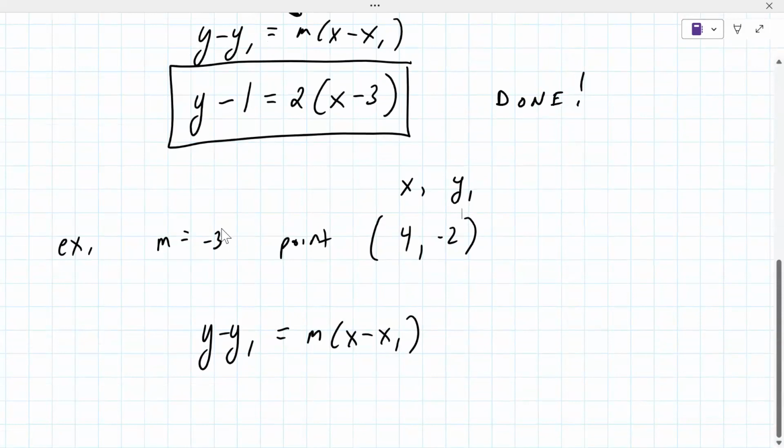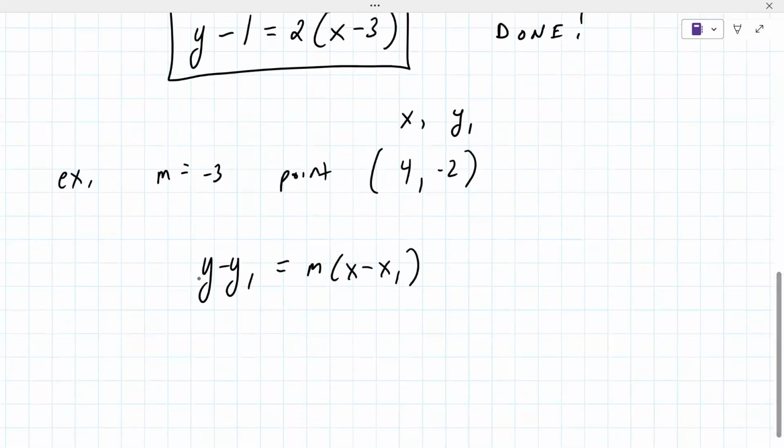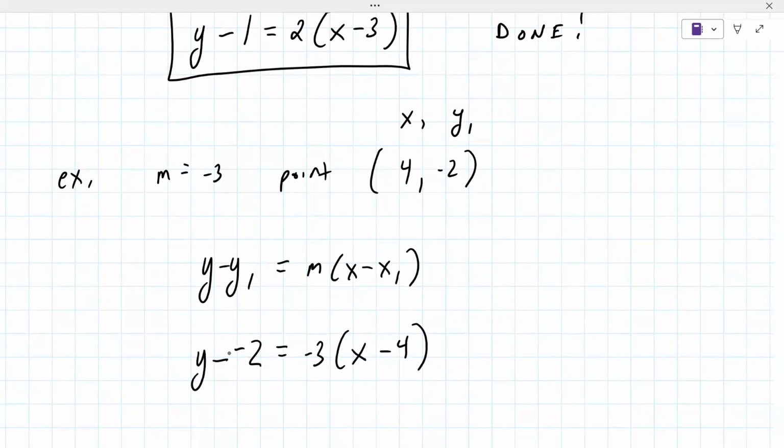Slope of -3, so we're going to put these in. This time though, it's y minus a -2. There's always the subtraction, but sometimes you get this double negative. We'll talk about what to do with that in a moment. Slope is -3, x minus 4, like that.